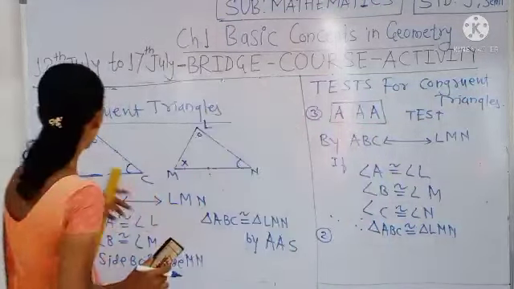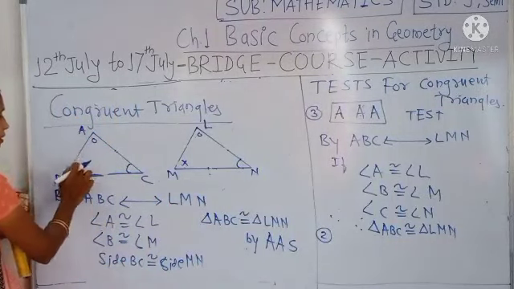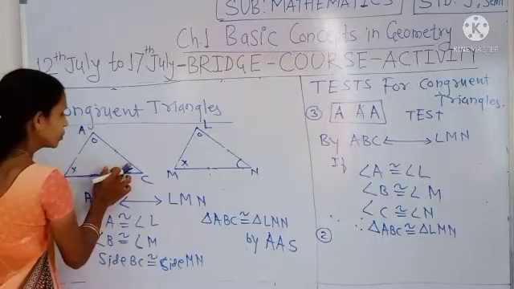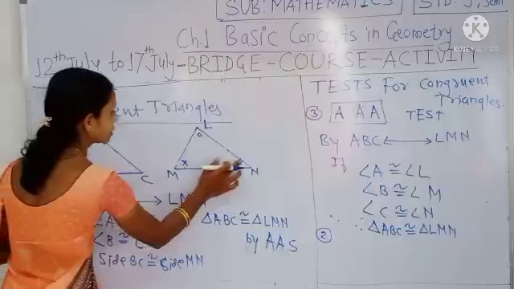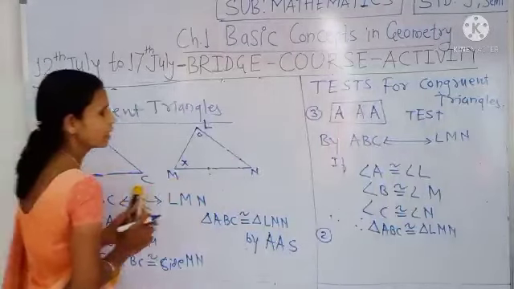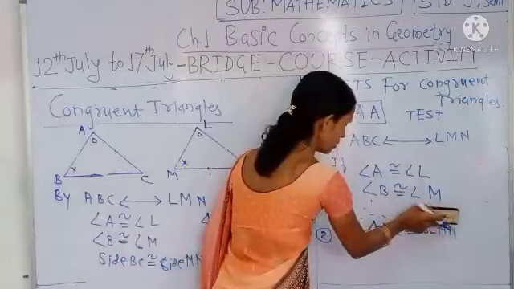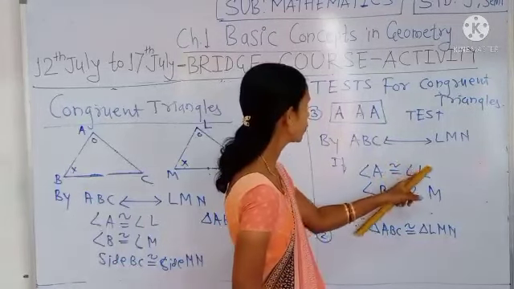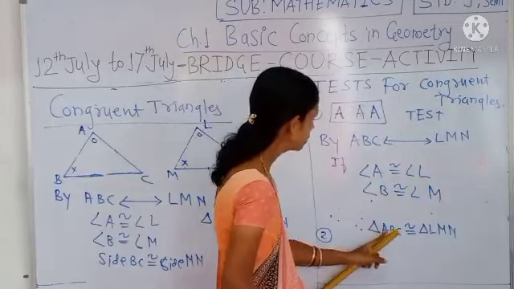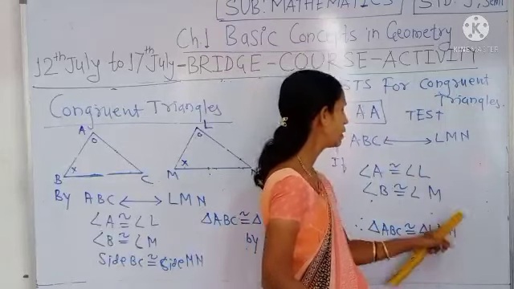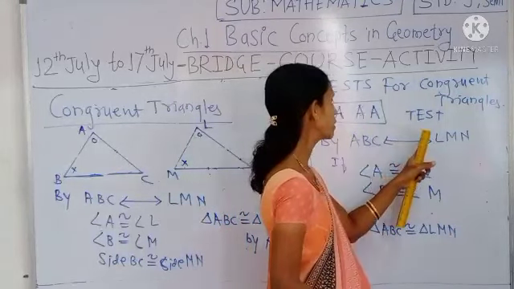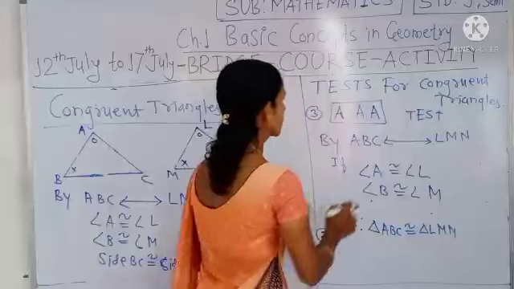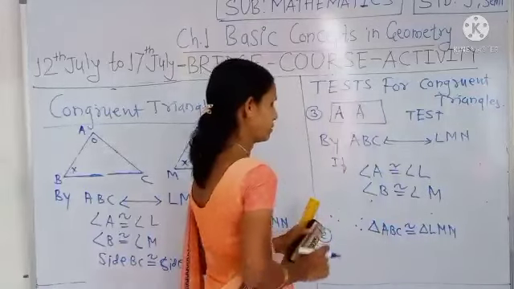Or if only two pairs of corresponding angles are congruent, then triangle ABC is congruent to triangle LMN by ABC corresponds to LMN. That is also known as the AA test.